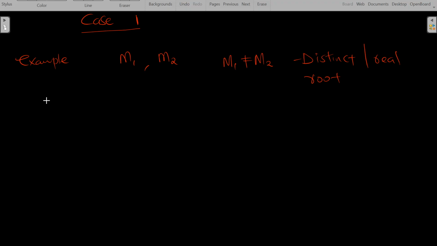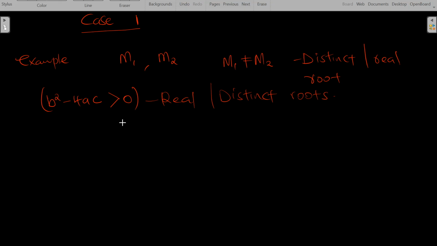Another way to determine this, just as a shortcut, is to calculate b squared minus 4ac from the quadratic equation.